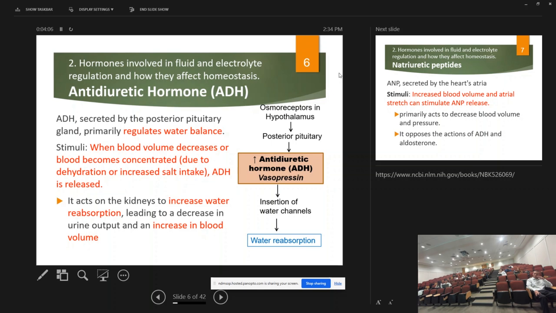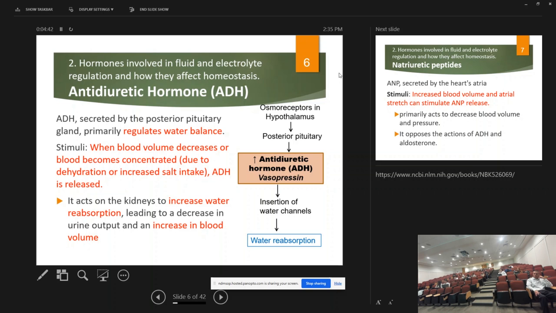How would you increase the reabsorption of water? Through another hormone, the antidiuretic hormone. We all have learned about this hormone as well. In the body, we also call it vasopressin. So antidiuretic hormone and vasopressin are the same. How are they released? When the stimulus is that blood volume has decreased, so the blood becomes concentrated due to dehydration, that's when this hormone is released.